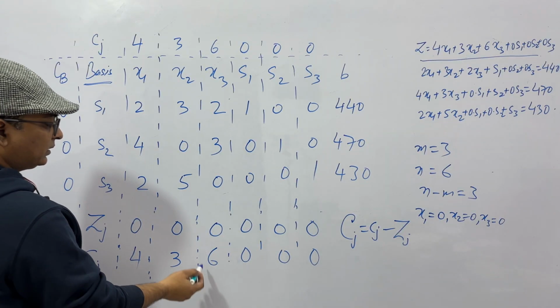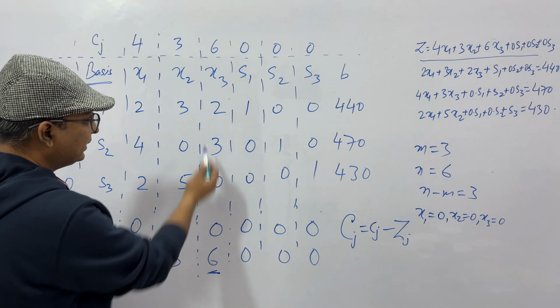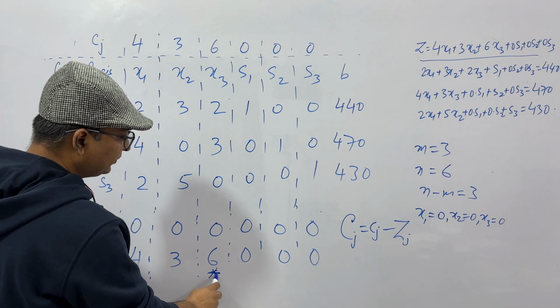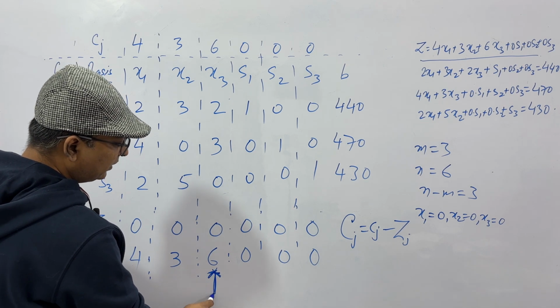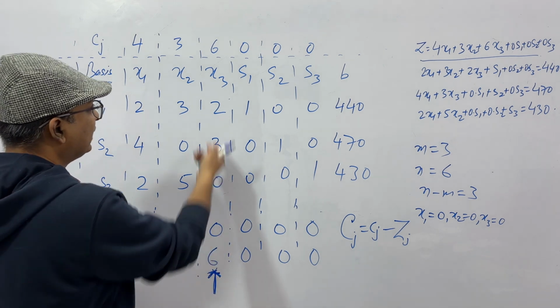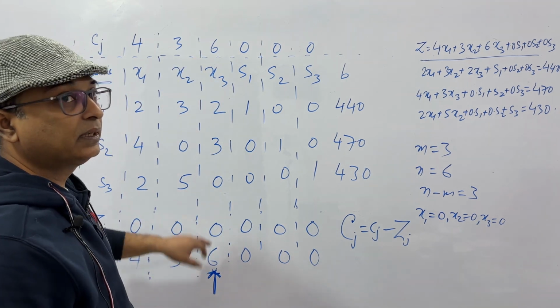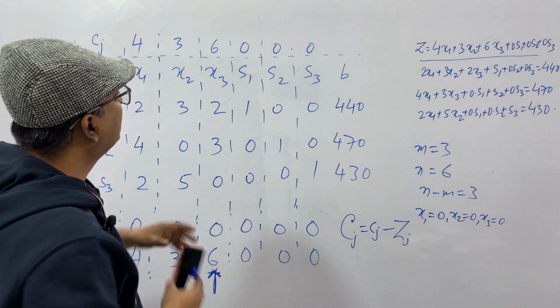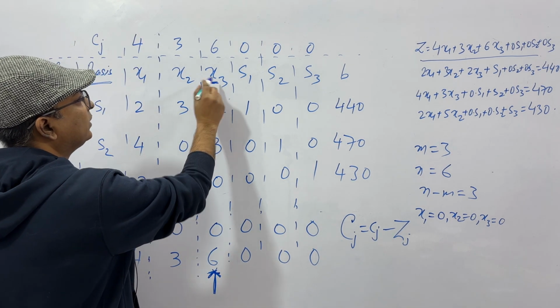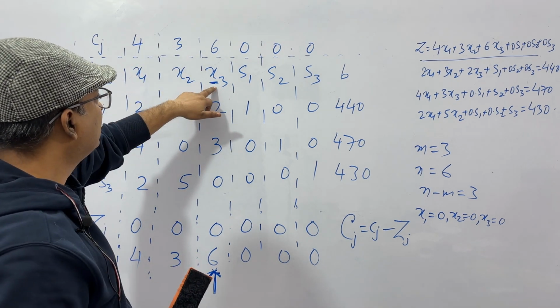As I told you, this is the highest value of Cj. So the highest value of Cj, this column is called the key column. You can denote it like this by an arrow mark, or if you have a highlighter, you can highlight this column. This variable of the key column, that is x3, is the incoming variable, that is in the next table x3 will enter.